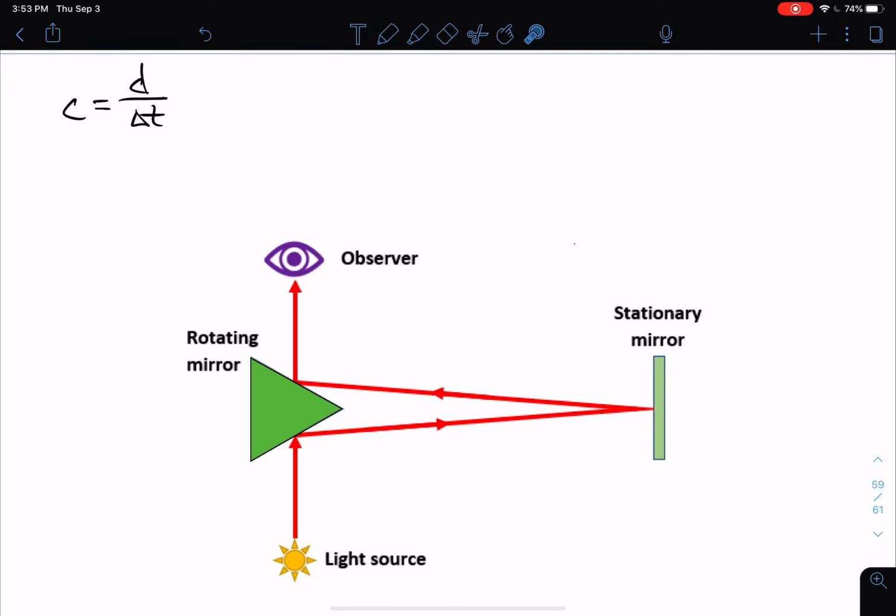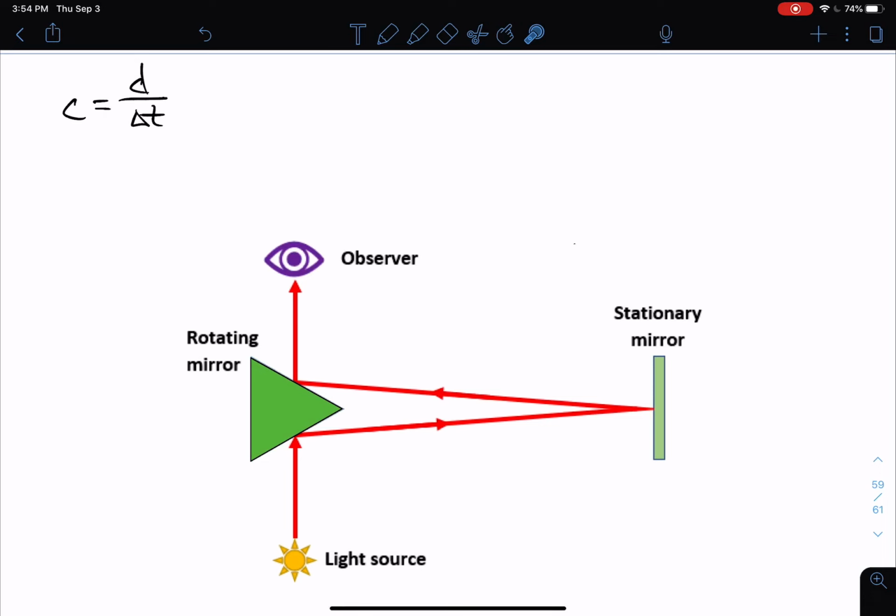It'll go somewhere over here or somewhere over here, but it won't go to where it needs to go, which is right here on this stationary mirror. But at that moment, when the rotating mirror is in just the right spot, the light will bounce right off and go to the stationary mirror. And that's going to happen sometimes because the light source is always on. So it comes down, strikes here, now it comes back.